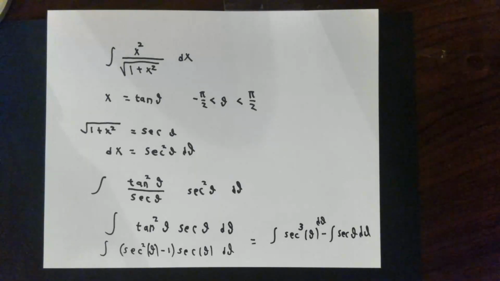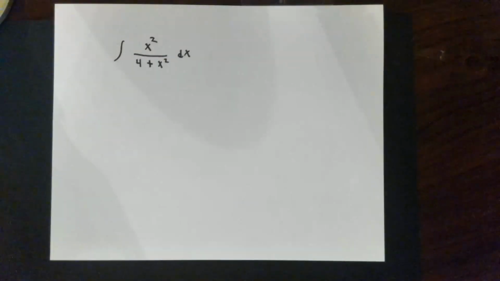I can split the integral up into two pieces. This one is on the list of things that we know about, and that one is the ugly integral that we just calculated in the first example. Leaving the details of the algebra aside, I'm going to look at another example.